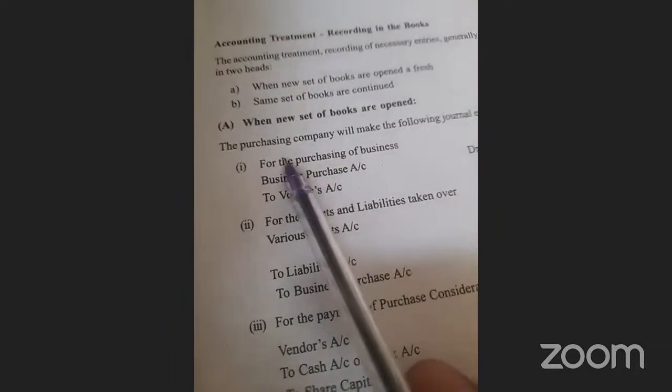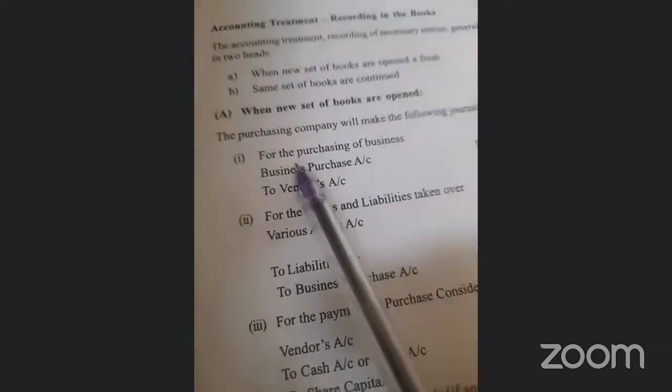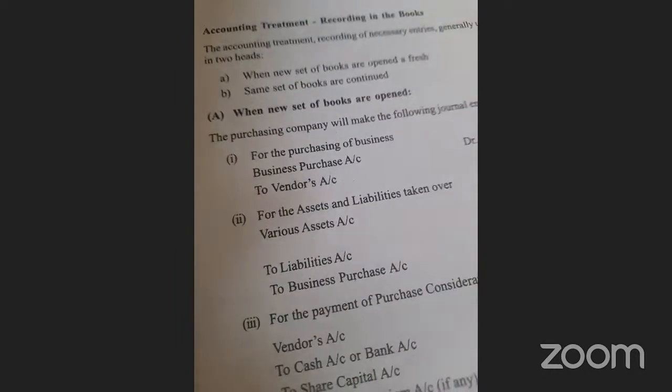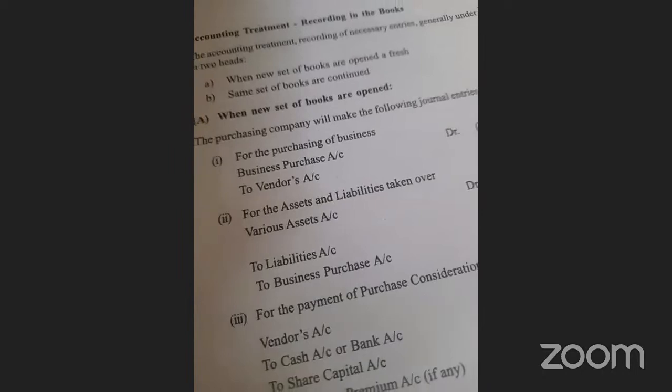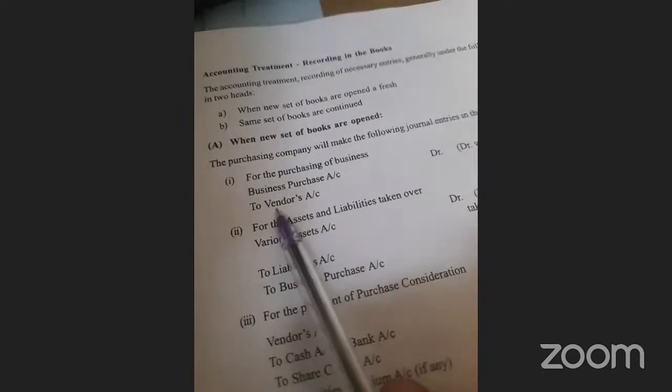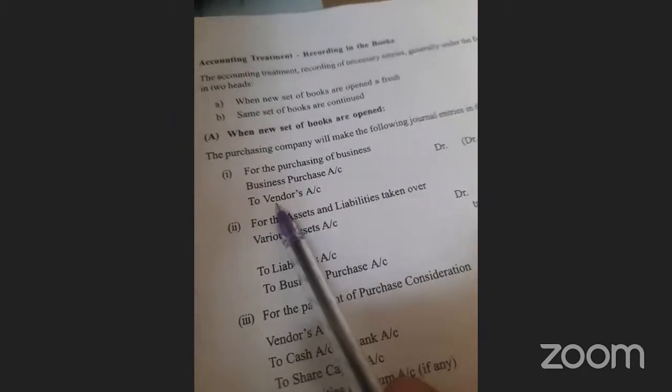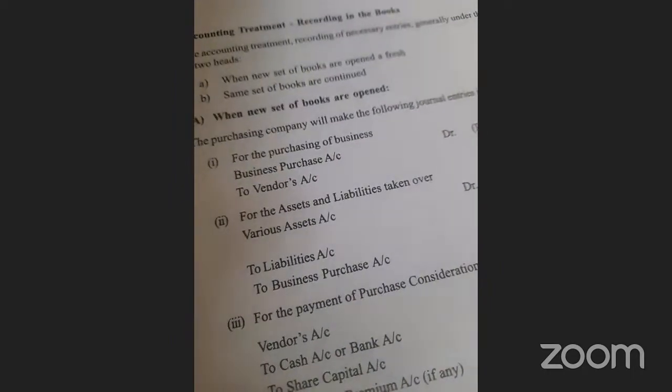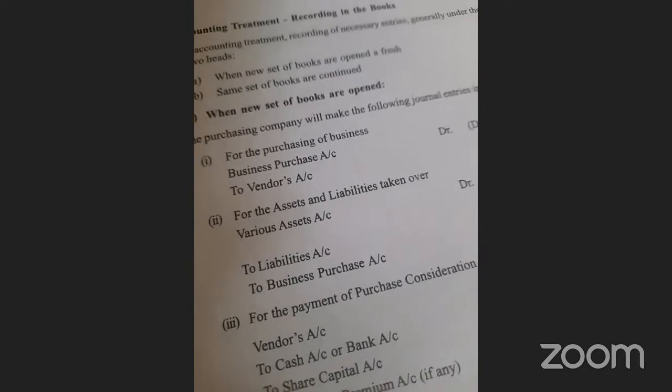First, for the purchase of business, at what price do we purchase? Just now we discussed the example, 9 lakh rupees. Business purchase account debit to vendor account, because we purchased from the vendor company. The B company is the vendor company.